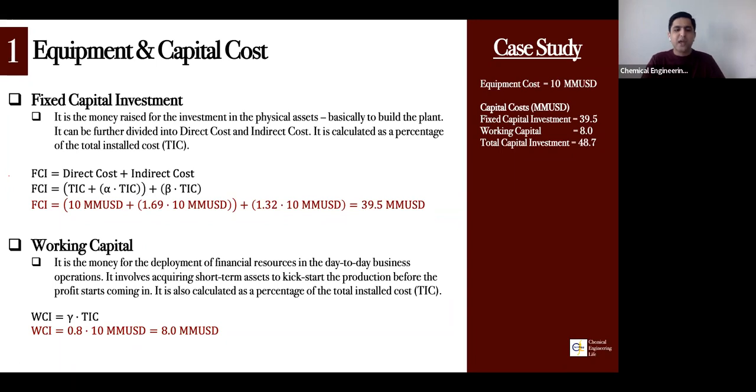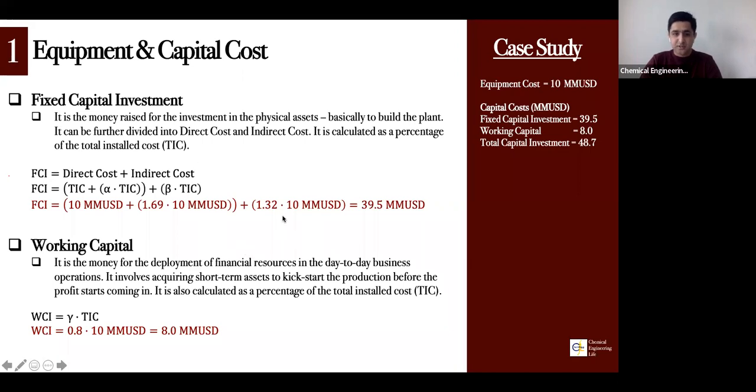But you have to be very careful here because, like I said, the direct cost covers all the assets. So you need to add your equipment cost, which is my 10 million, plus the factor times 10 million. That means my direct cost is not just 1.69, it's actually 1.69 times 10 plus 10 million. So you have your equipment cost, you multiply the factor, and your direct cost is the sum of those two values.